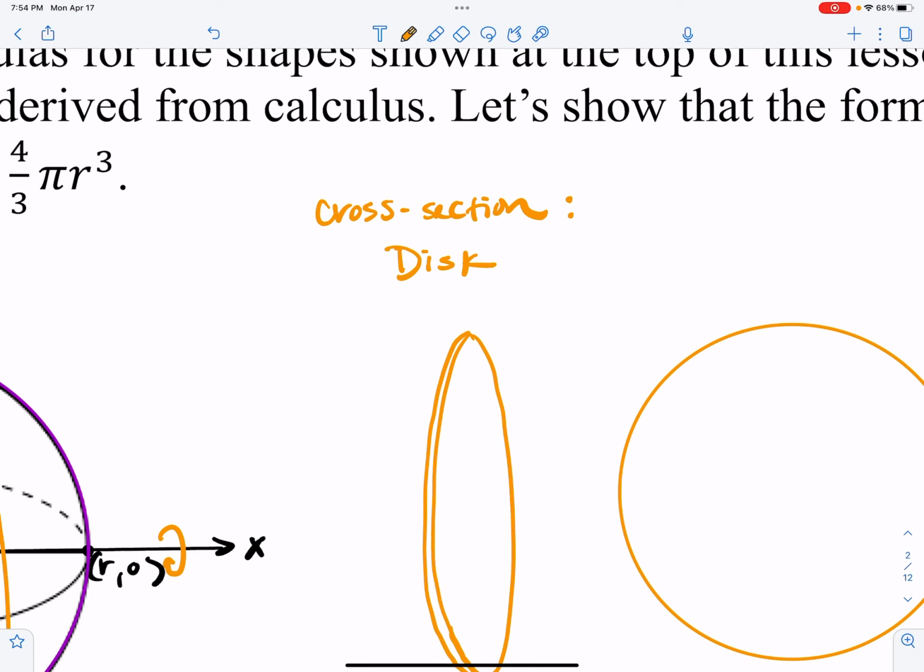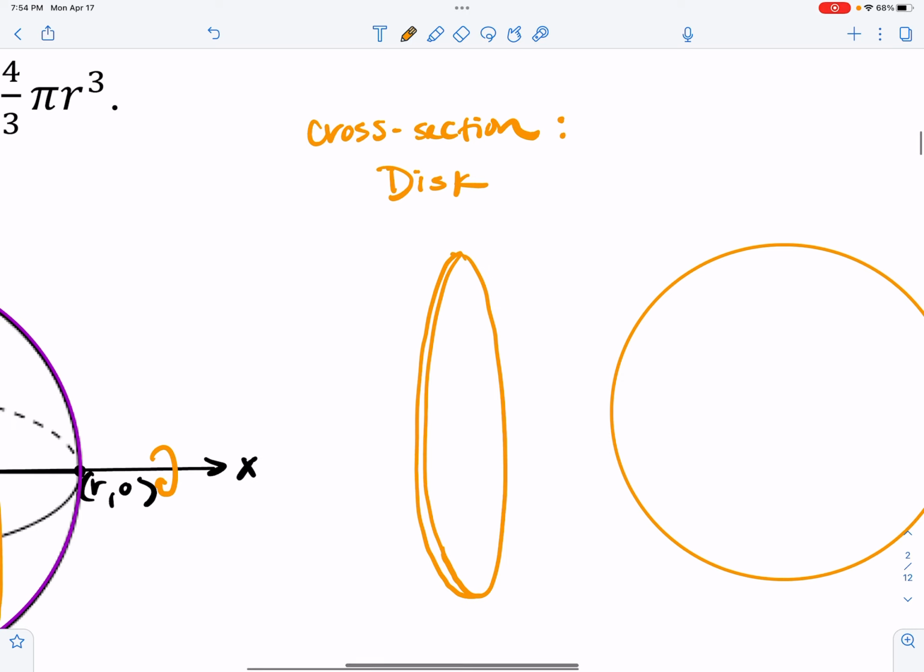Let's say that it has a width of dx. That's its width, which, if we were using the strategy for regular geometric prisms, would correspond to the height, right?